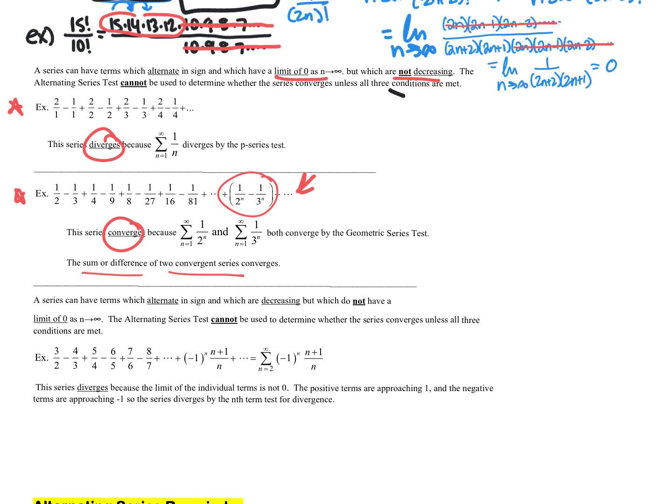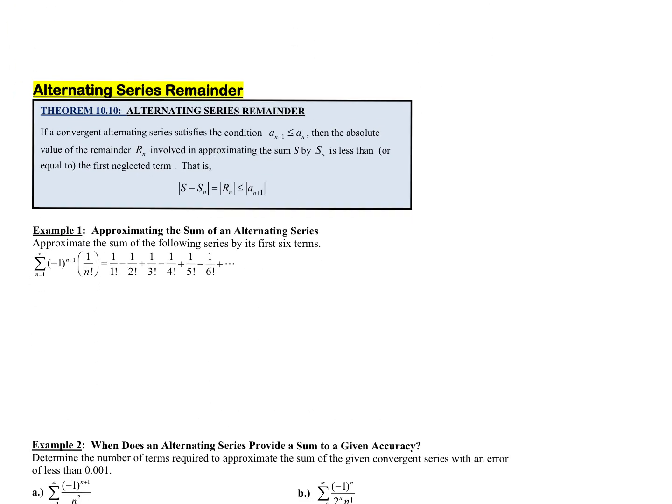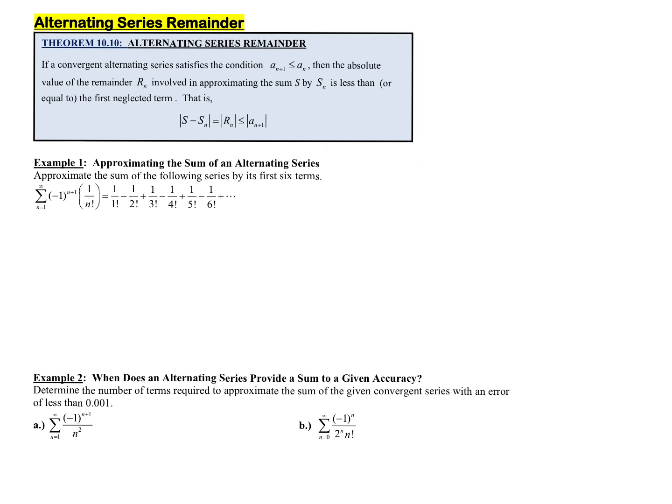Okay, so now we need to talk about something that's pretty important. It will come up a few times, and this is the alternating series remainder. And this is pretty cool, but there's some notation we need to discuss. So the alternating series remainder theorem says that as long as we have a convergent alternating series that is non-increasing, you can think about it as decreasing as well.